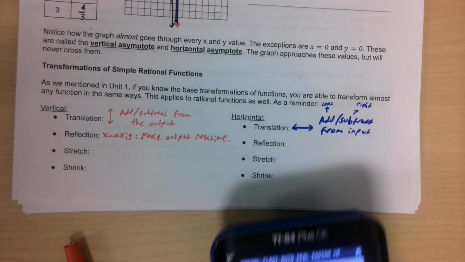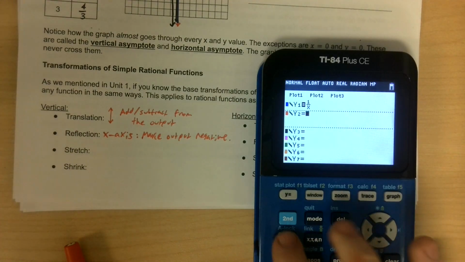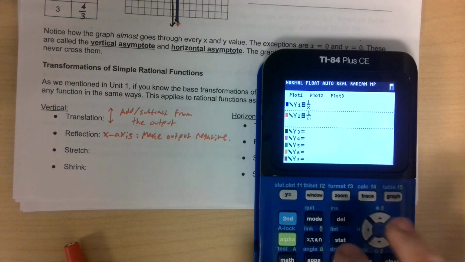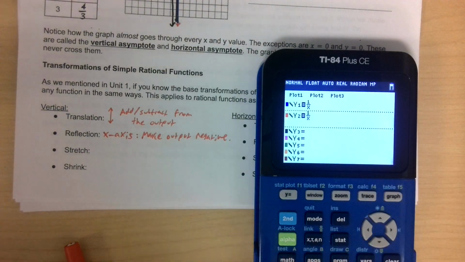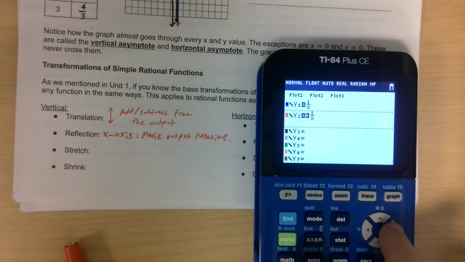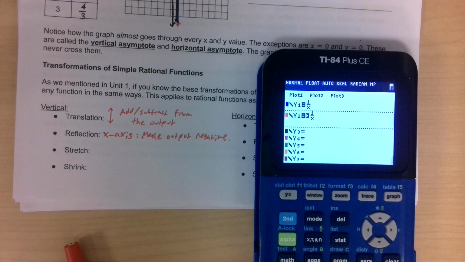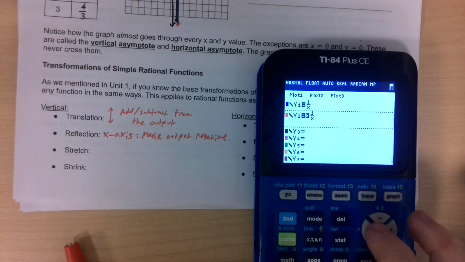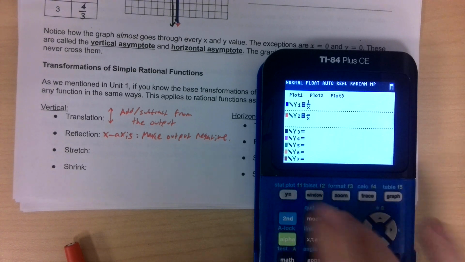So, if we want to make the output negative, we're going to take our 1 over x, and what you could do is, you could put it in parentheses with a negative in front, or, remember that, with fractions, you could also have the negative right here. That makes the whole thing negative. Or, you could even have it on top of the fraction, right here.